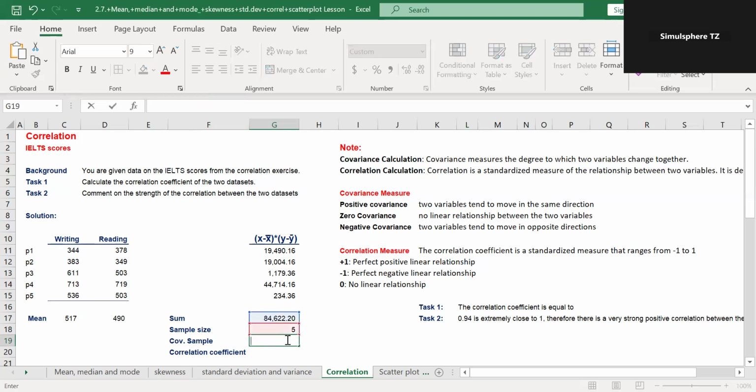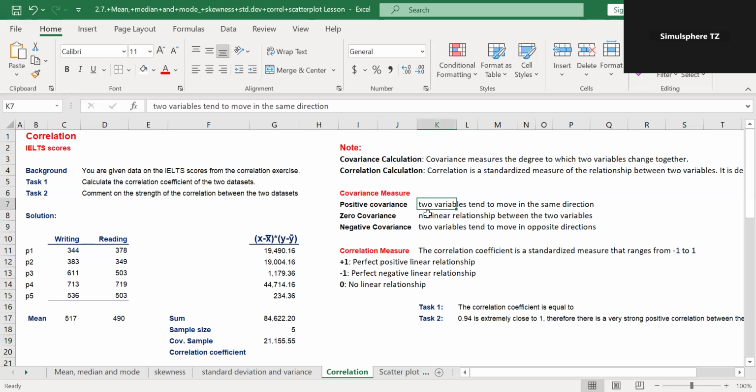And now we need to calculate our covariance sample. To do that, we would need to calculate our sum divided by our sample minus 1 to eliminate any form of error while calculating. And then we click on enter, and then we have this value as our covariance. Following our covariance measure, we can simply see that we have a positive covariance.